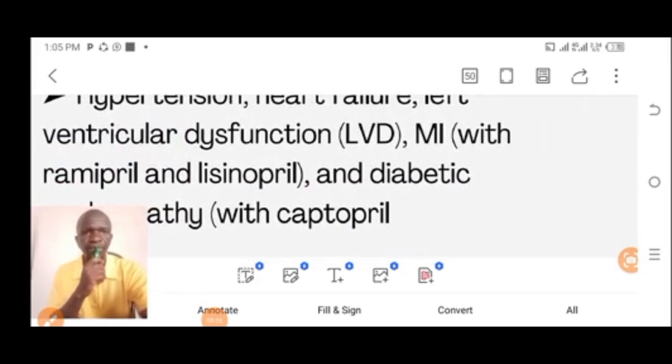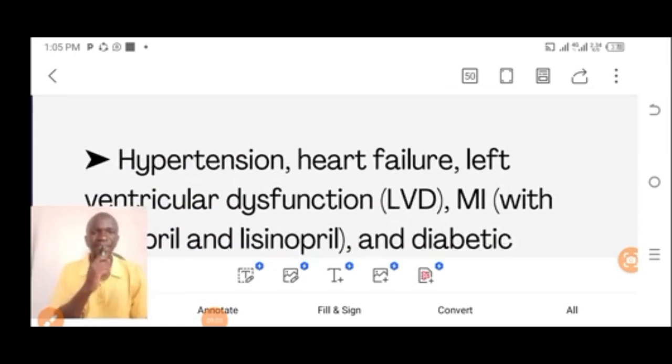So we have hypertension. Yes, hypertension is also treated by angiotensin converting enzyme inhibitors, because they inhibit the conversion of angiotensin 1 to angiotensin 2, which is a potent vasoconstrictor that causes hypertension.